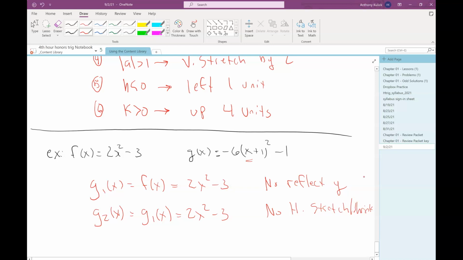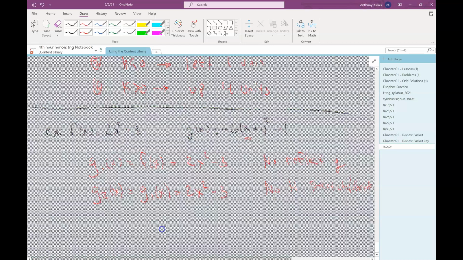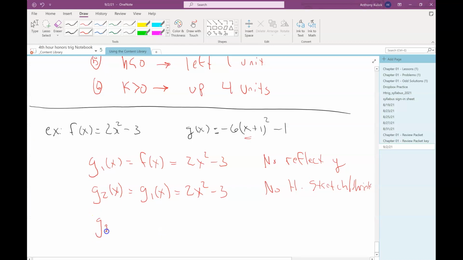Everybody's okay there? The next step, I'm going to look for a reflection across the x-axis. To do that, I need to make sure that my leading coefficient is an opposite sign, which it is. Everybody agree? So I'm going to do negative g2 of x.